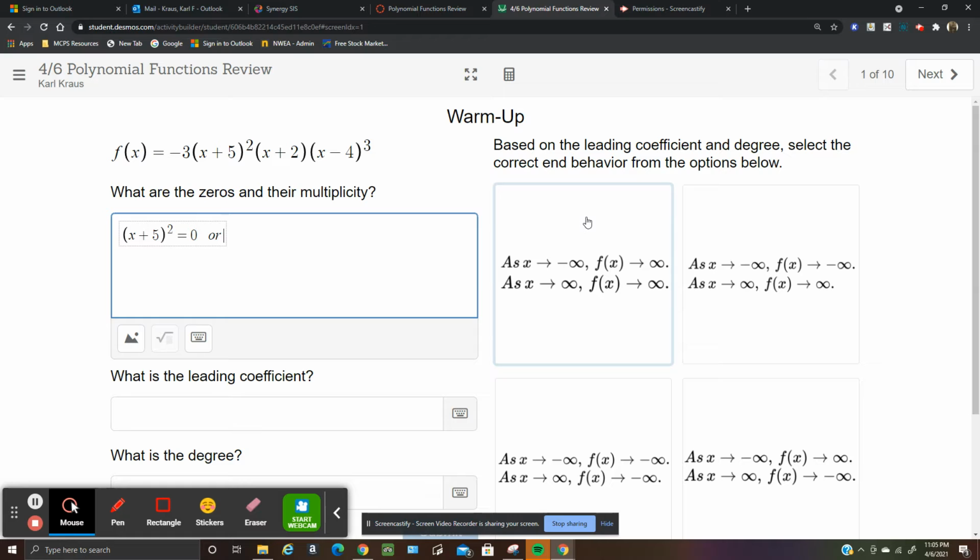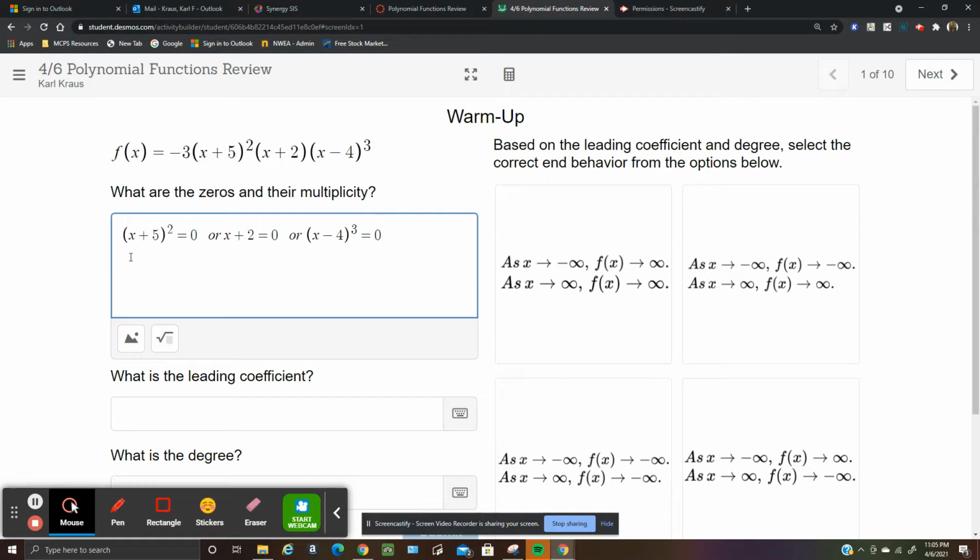Or x plus 2 equals 0. Or x minus 4 cubed equals 0. You want to solve each one of those equations there.